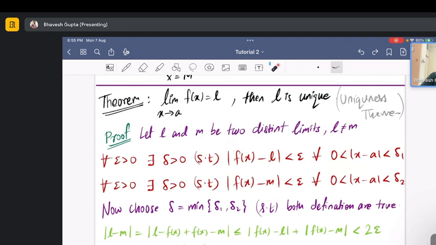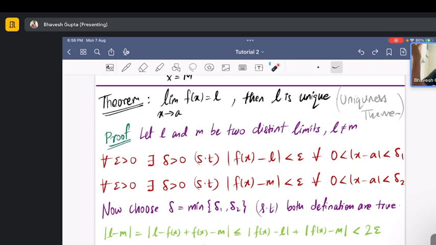Okay, so we will begin with an idea, the idea of contradiction. Whenever in mathematics, for example in pure mathematics, you have a particular statement to prove which has to do with uniqueness, or maybe a binary kind of answer, a yes or no kind of thing, the idea of contradiction helps you a lot. Most of the problems are solved just by using the idea of contradiction. You first assume that the counter statement is true. For example, in this case, the counter statement is that the limit is not unique.